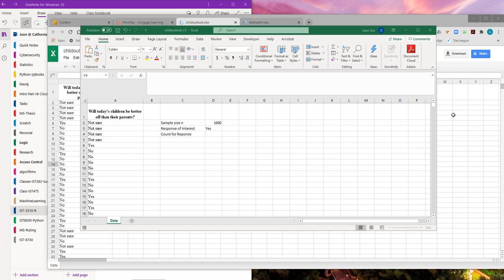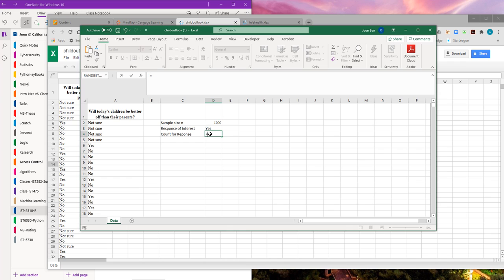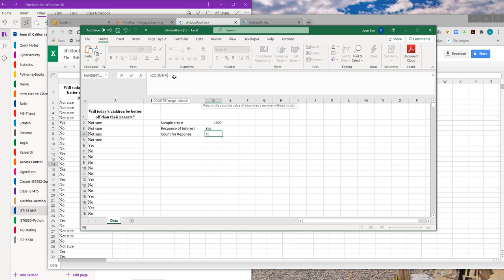For the count of responses, we use COUNTIF, starting from A2 all the way to A1001, which is the last one.